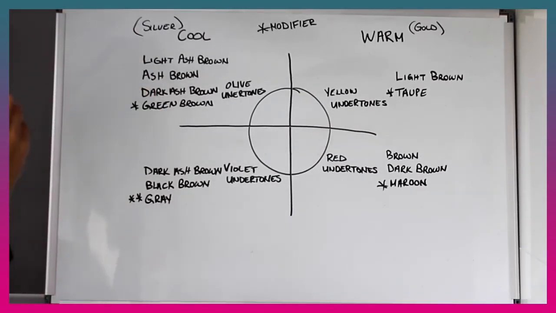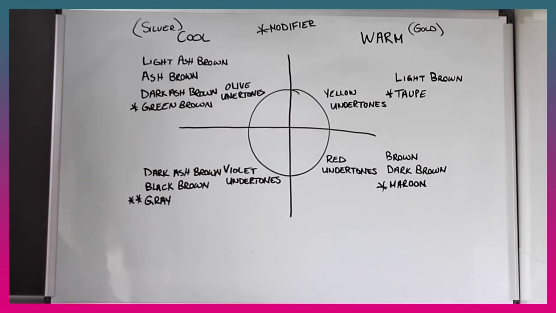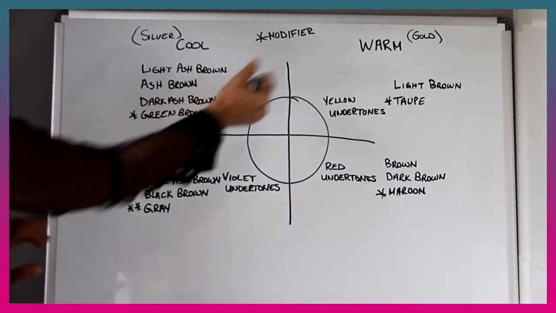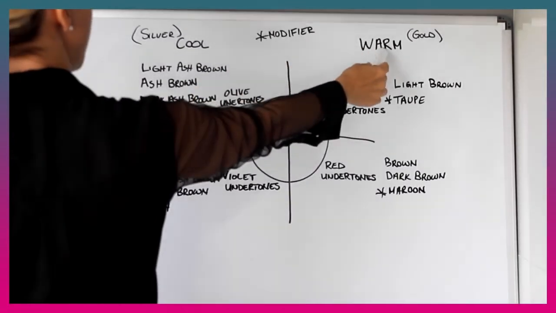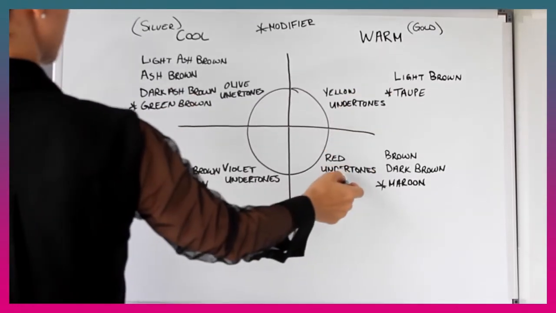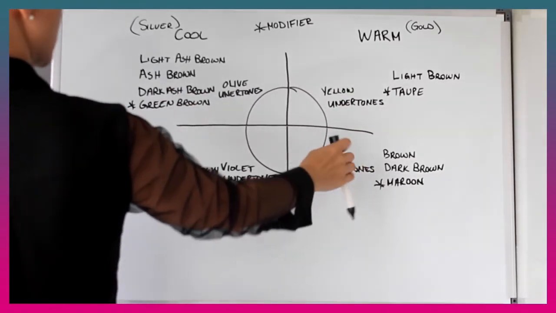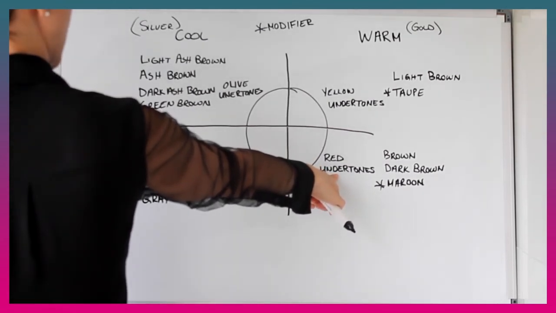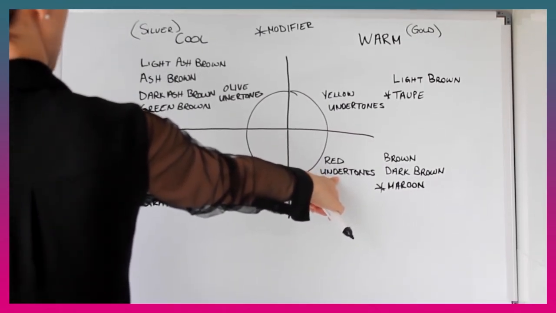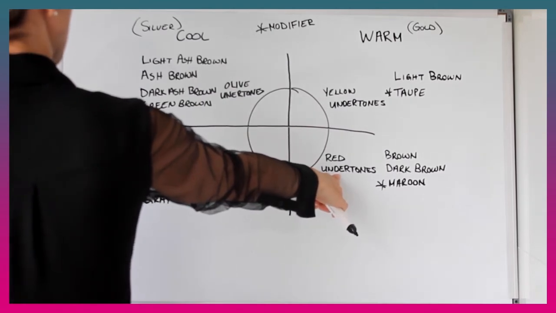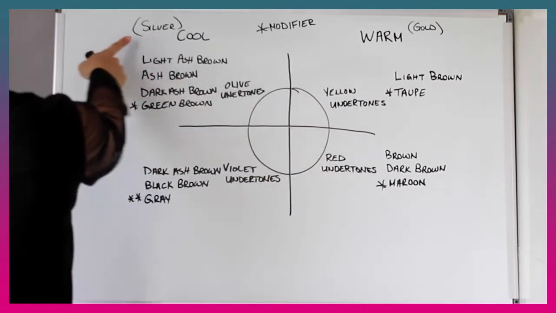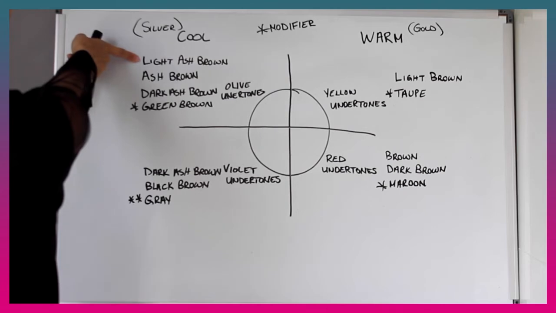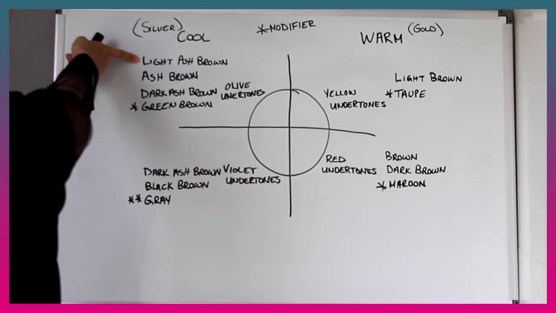So let's pull this all together. Okay, so let's pretend we put the swatch on our client and they are a warm skin tone. And then I see tons of red. Okay, so if you put your finger on your color wheel, in order to find out the colors that we're going to play with on this client, we actually go completely opposite on the color wheel to find out what colors will harmonize with their skin tone.